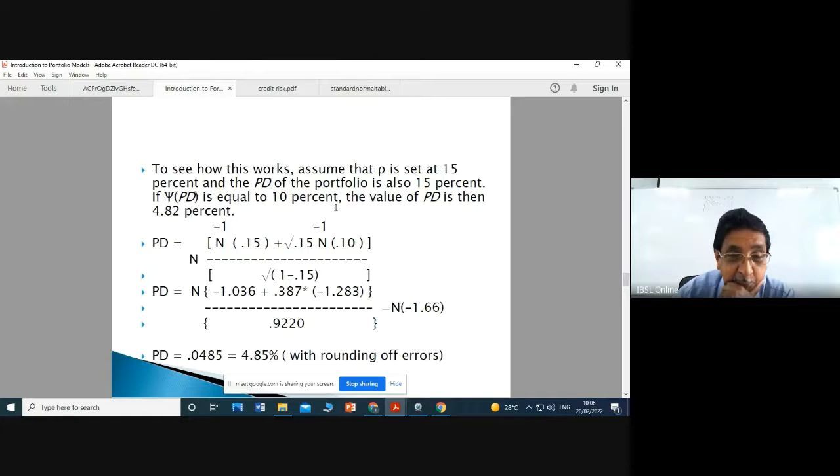Right. Now, this is a direct substitution. Don't worry, it is a very direct substitution. Now, just look at it.